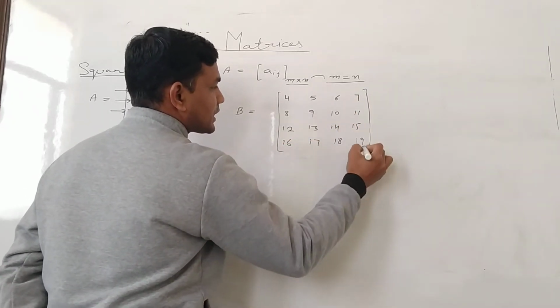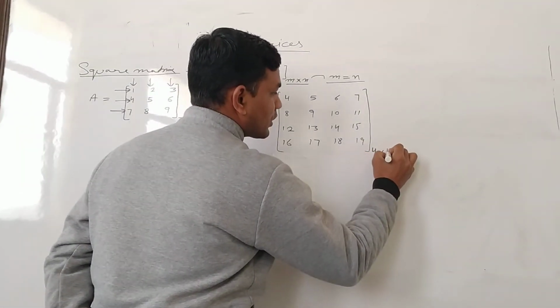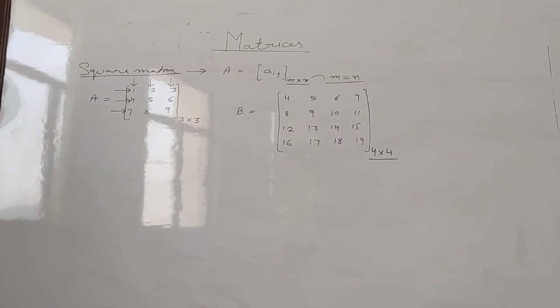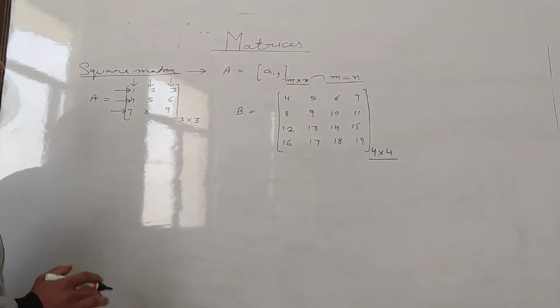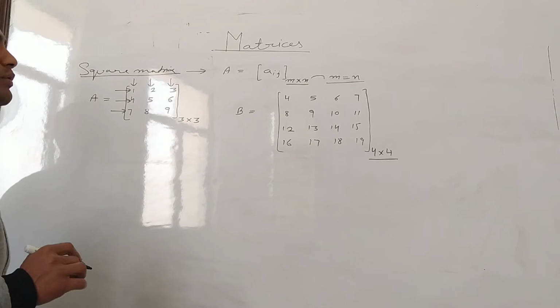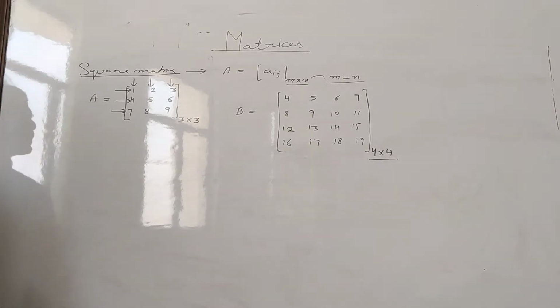This is also a matrix in which the number of rows equals 4 and the number of columns equals 4. This is a square matrix. So basically, square matrices are those matrices in which the number of rows equals the number of columns. The elements are arranged in rows and columns, but in this matrix the number of rows equals the number of columns.